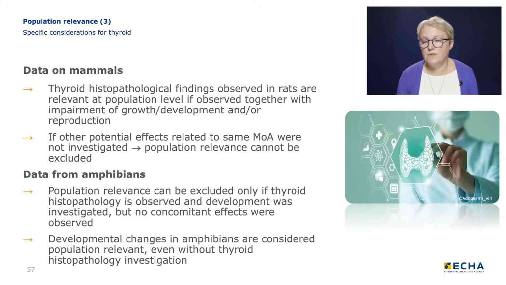And here we have to as well take into account that the power of the test was sufficient to elicit the effect. Nevertheless, changes in development in amphibians, even if observed in the absence of investigation of thyroid histopathology, are considered population-relevant effect.